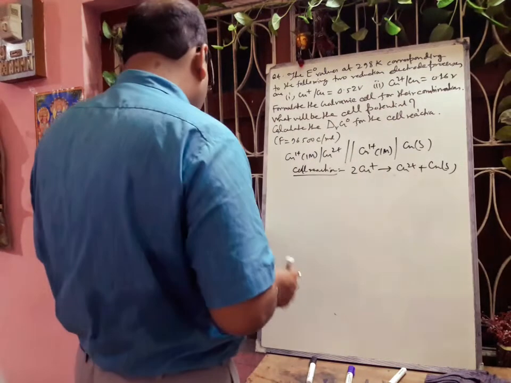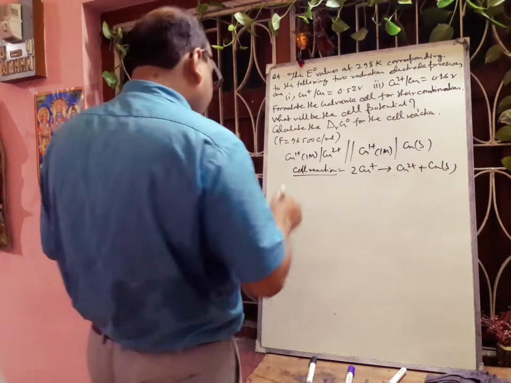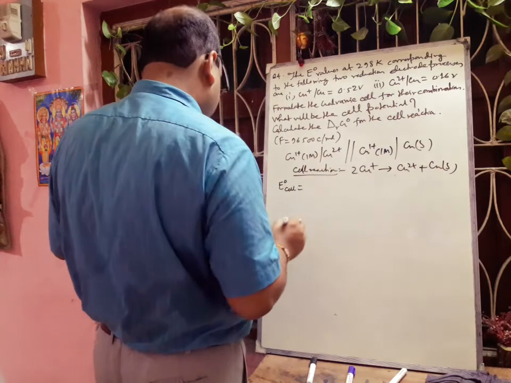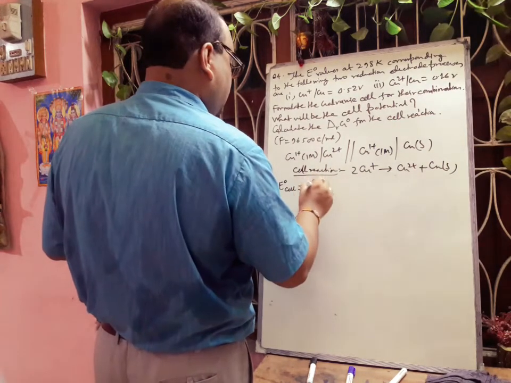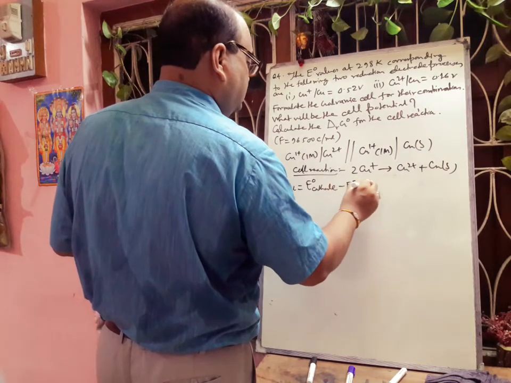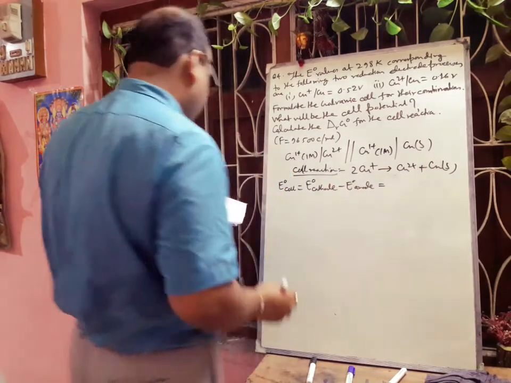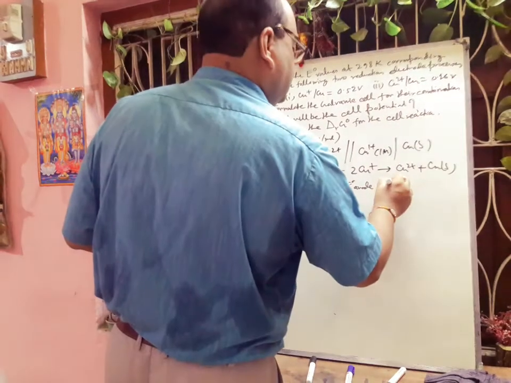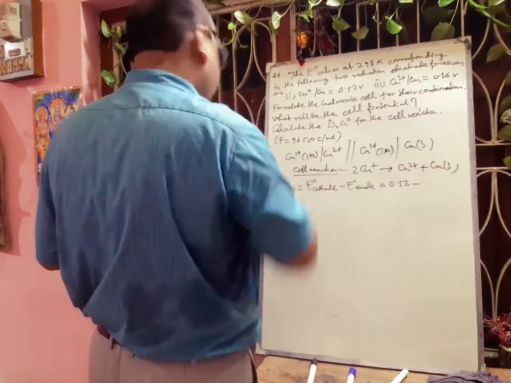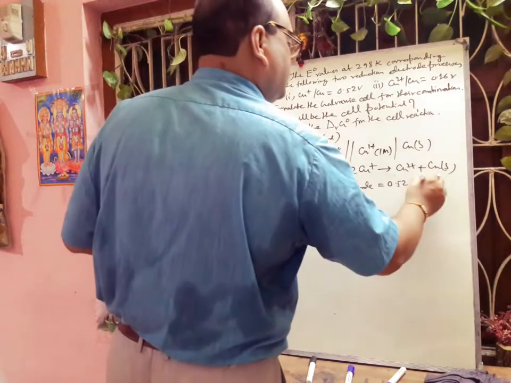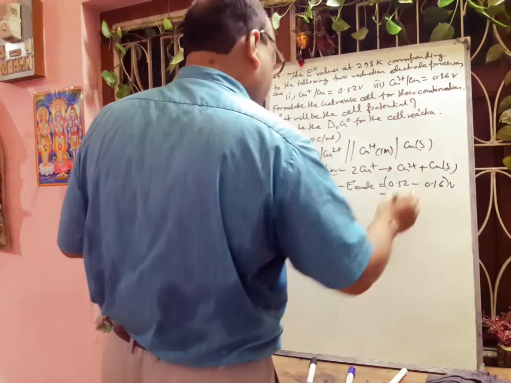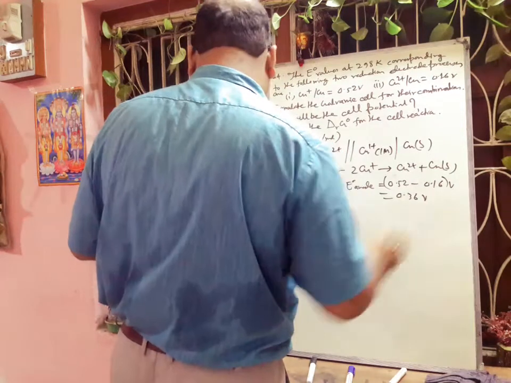Now if we want to calculate the E0 cell, that will be E0 cathode minus E0 anode. So it is 0.52 volt minus the anode value 0.16 volt. If you calculate, you will get 0.36 volt.